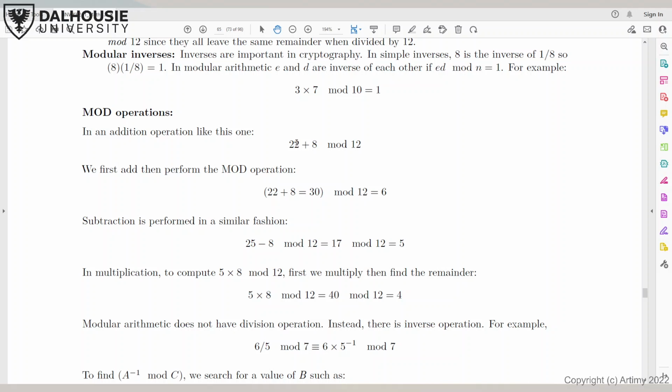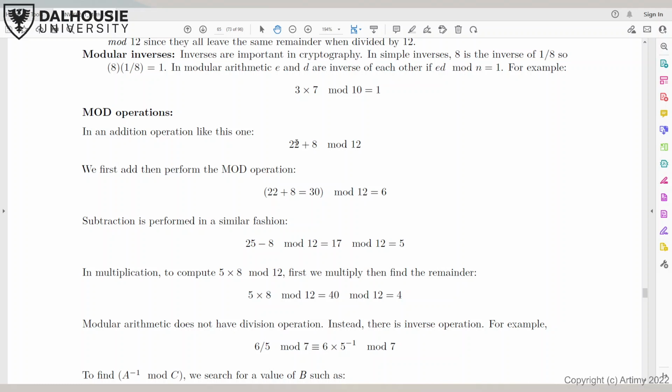If I do subtraction, same thing, 25 minus 8 mod 12, so that's 17 mod 12, which gives us 5. We do multiplication, 5 times 8, that's 40 mod 12, we get 4. All of these are understandable, right?